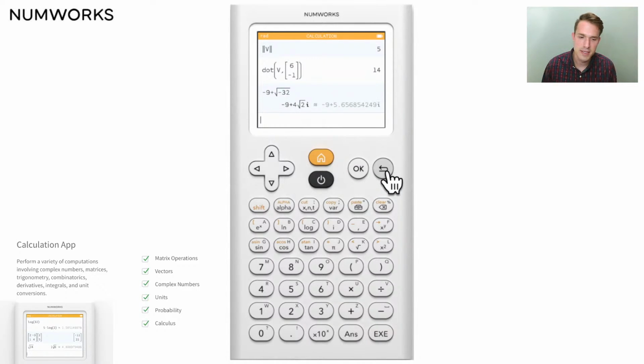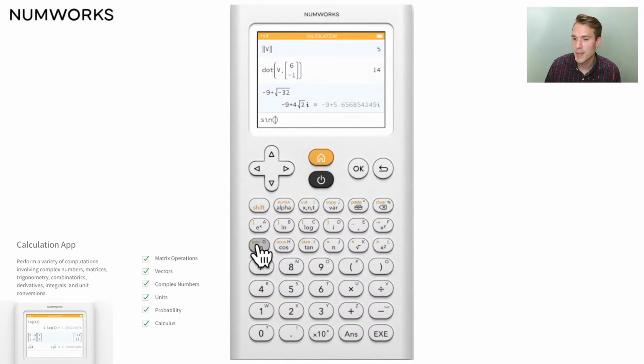I'll move back down into the calculation editing bar. We just talked about this advanced functions part of the keyboard where I found the square root. That's also where you'll find the complex number i, and your sine, cosine, and tangent trig functions. In addition, the shift option of sine, cosine, and tangent are the inverse functions, so arcsine, arccosine, and arctangent.